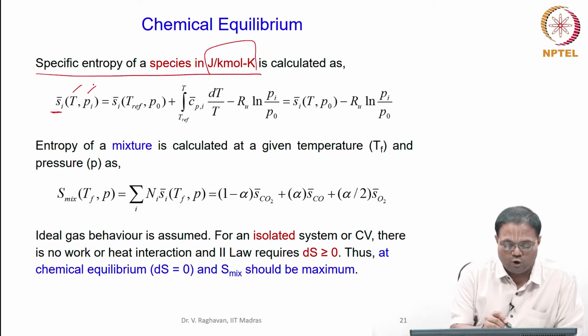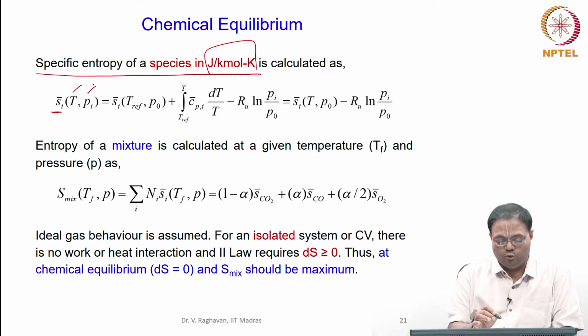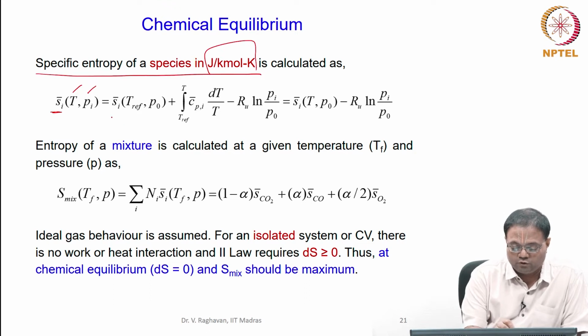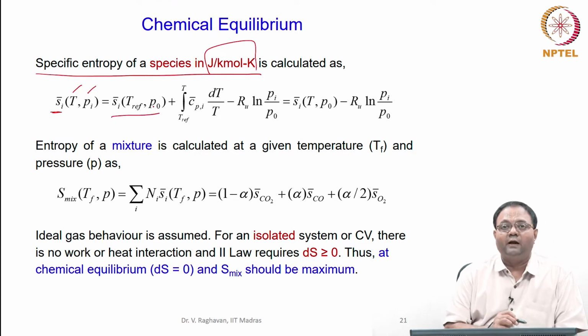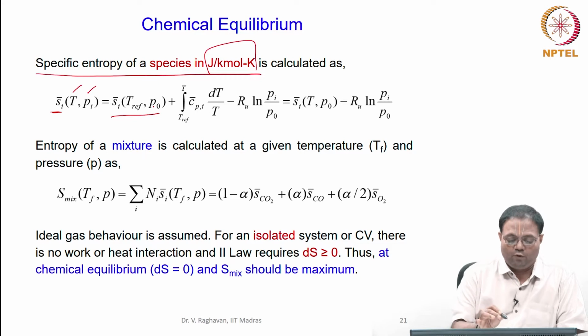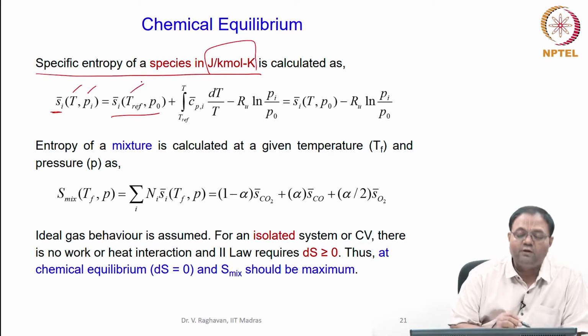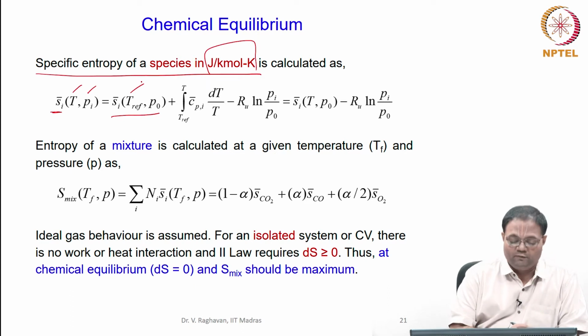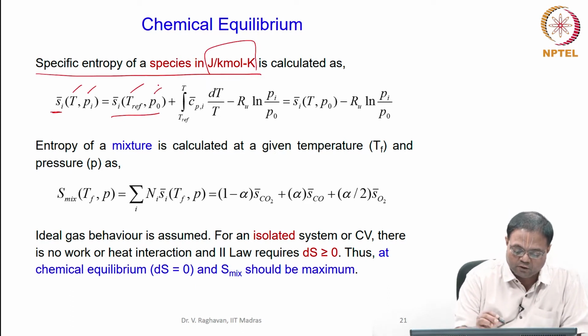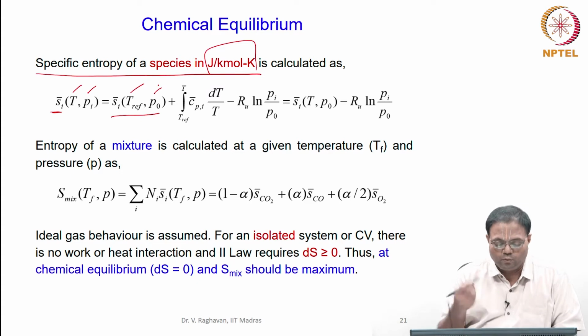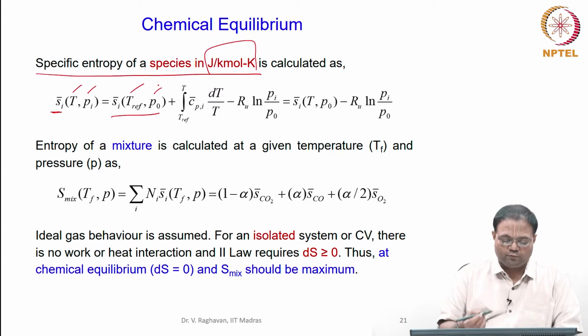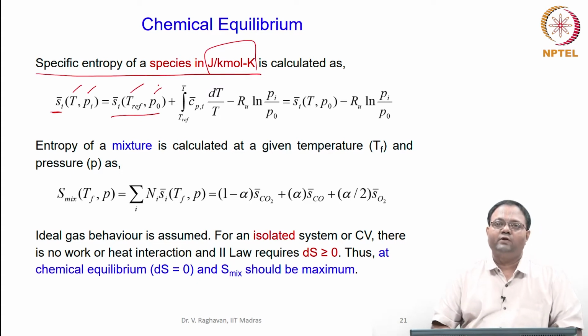Now you split the term into two basically. This is the standard entropy value of the species i. It is calculated at the reference temperature of 298 Kelvin and atmospheric pressure P naught. You can put P superscript 0 or P subscript 0, both represent atmospheric pressure.